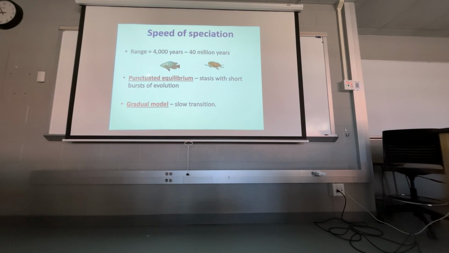Punctuated equilibrium was introduced by a fellow called Stephen Gould. He's dead now. He was a Harvard professor who suggested, as he studied the fossil record, that he could find events in geologic time where there was this huge, very fast diversification of organisms, and the evolution time was very short.